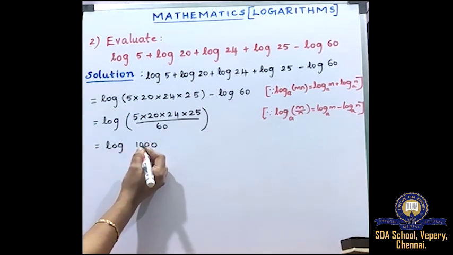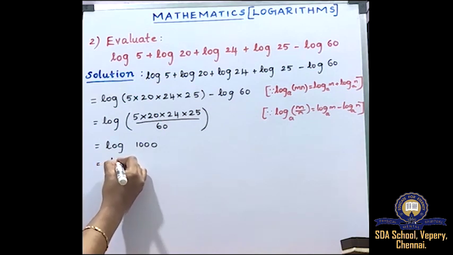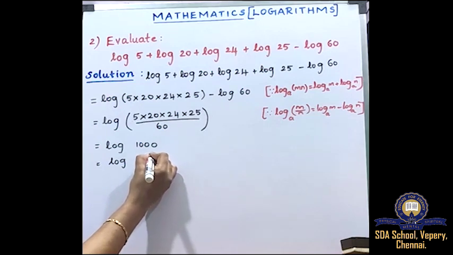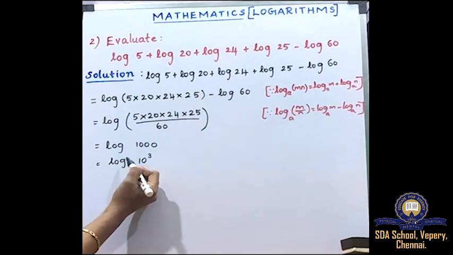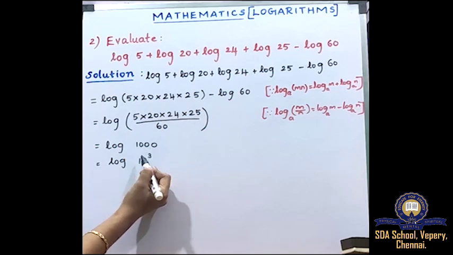Okay. Now, log 1000 can be written as log 10 power 3. If you don't have anything to the base here, it is understood that it has base 10. So now this 1000 can be written as 10 power 3. Right.